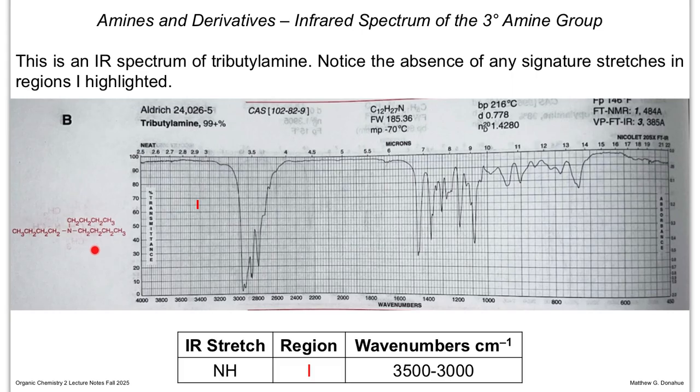So the last case was tertiary. So this is tributylamine. Notice there's nothing here. When you look at this, there's no carbonyl. And so really the IR is not telling you a whole lot about the presence of an amine. You'd have to look at the mass spec data to get the information.